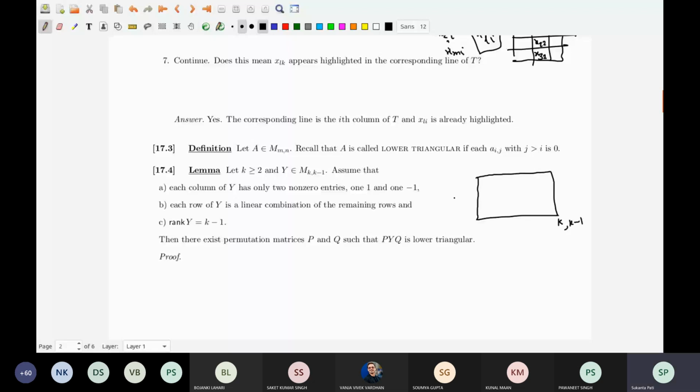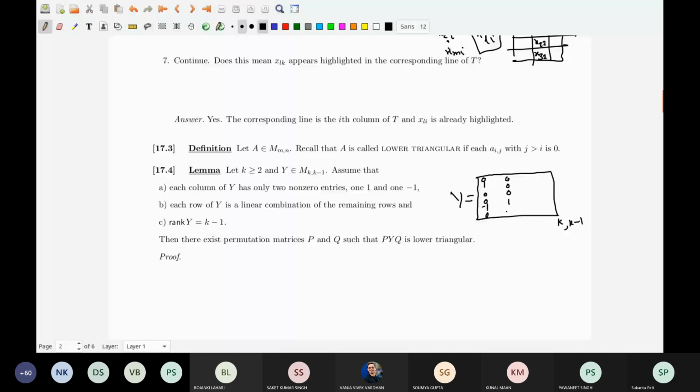Each column of y, this is the matrix y, has a 1 somewhere and a minus 1 somewhere. Rest of the entries are 0. Fine. Each column has a 1 somewhere, a minus 1 somewhere, and other entries are 0. Each column.